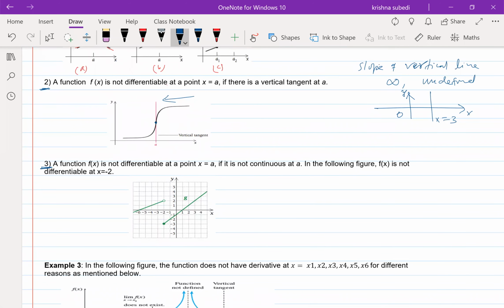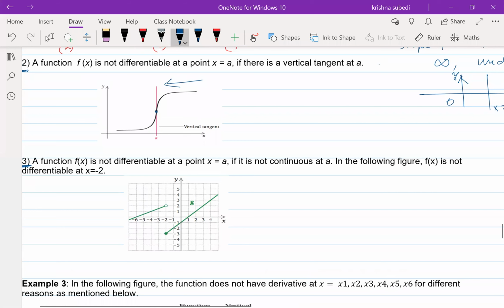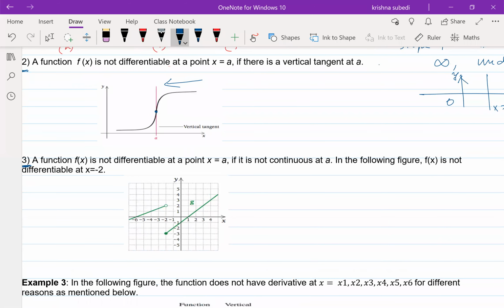The third situation where the derivative does not exist is at a point of discontinuity. Look at this graph. In this graph, the function f of x is discontinuous at x equals negative 2.